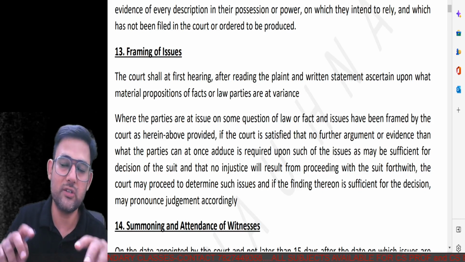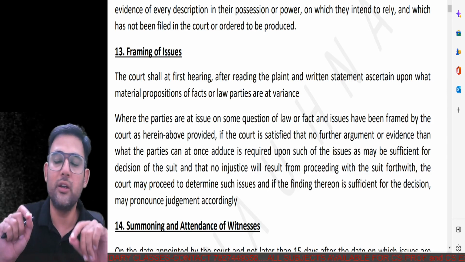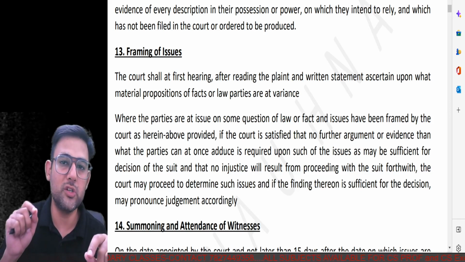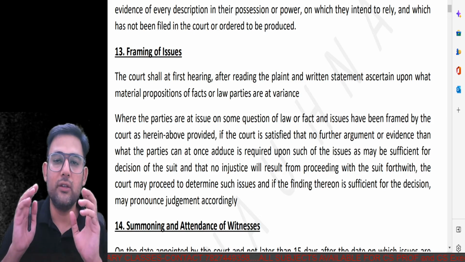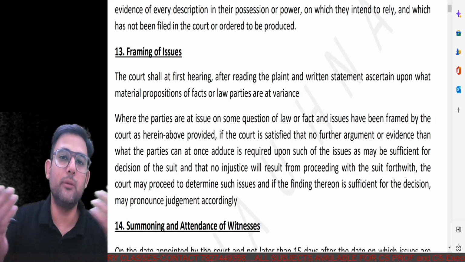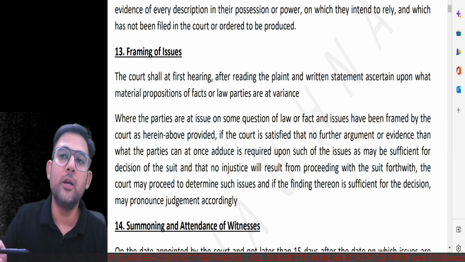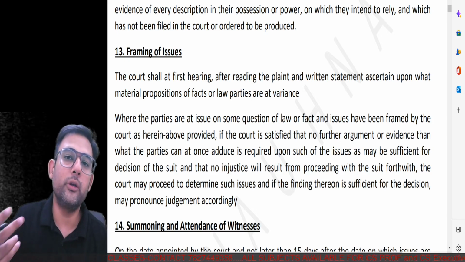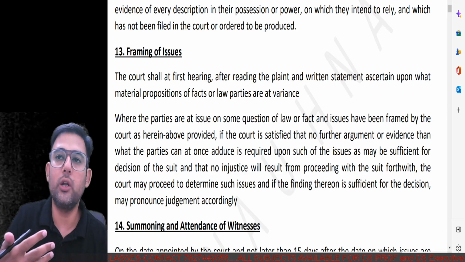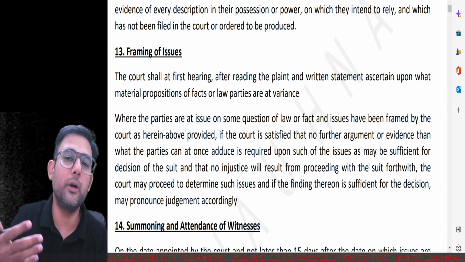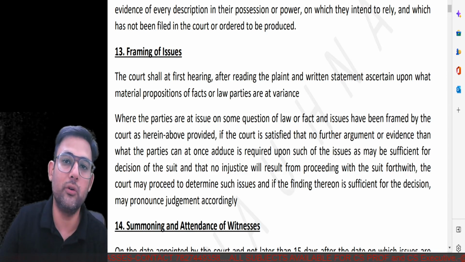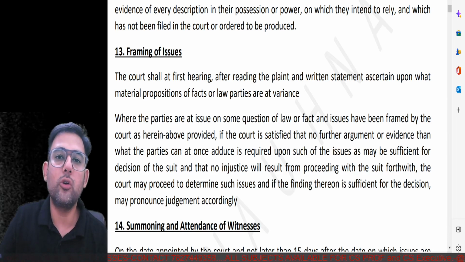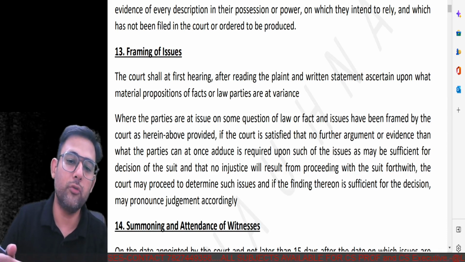The honorable judge will decide the point on which the dispute has arisen, and that point will be taken up. When two or more people are arguing, the most important thing is to determine the reason for the argument, right? That is what we call the framing of issues.